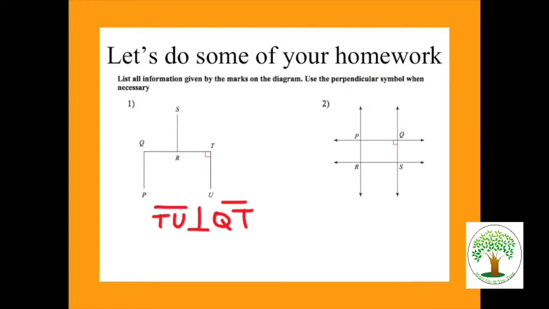I want you to now try number 2. Something is perpendicular to something else. Give me either a little hand or look at my eyes to tell me that you have written number 2 down. Something is perpendicular to something else. Got somebody who's done. Got another person who's done.